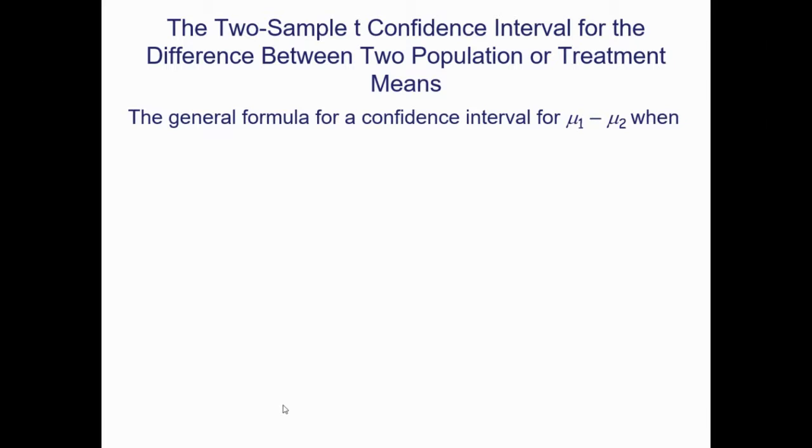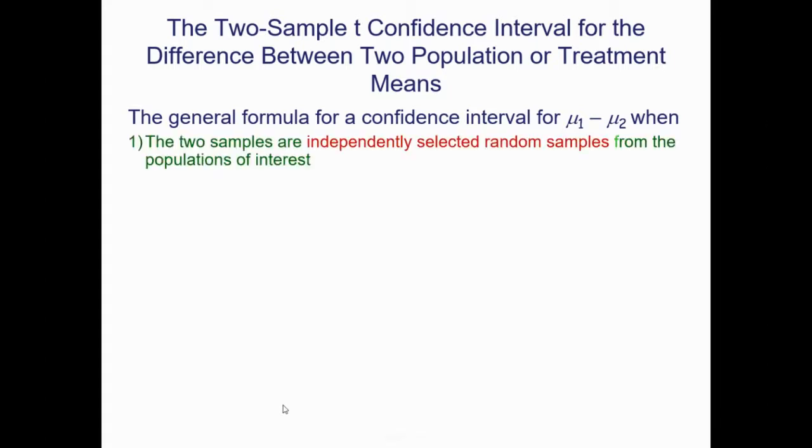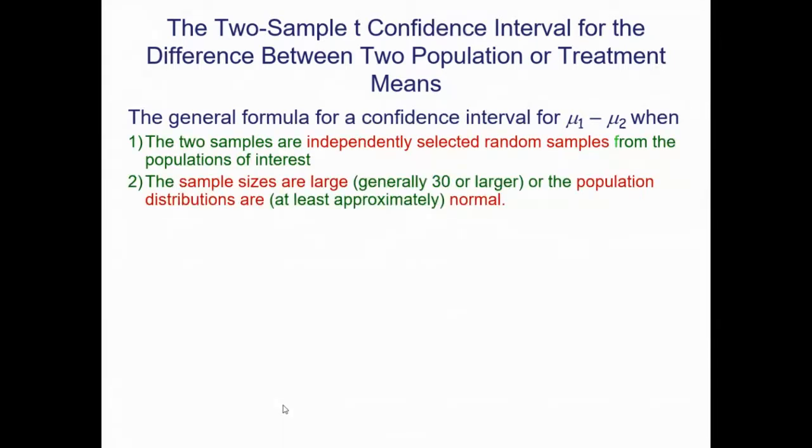Okay, so for a two-sample T confidence interval for the difference between two populations or treatment means, we're going to need to use the same two assumptions. Namely, they have to be independently selected random samples, and the sample sizes have to be large, or the population has to be at least approximately normal.